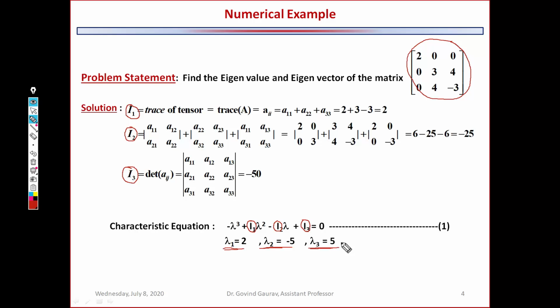If we were working in a two-dimensional space, we would get two values, lambda 1 and lambda 2. If we are working in a three-dimensional space, we get three values: lambda 1, lambda 2 and lambda 3. If the matrix we have selected is in terms of stresses, these three values would be the principal stresses, sigma 11, sigma 22 and sigma 33.